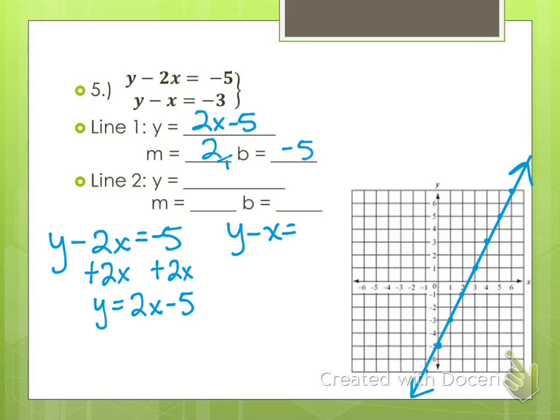Y minus x equals negative 3. Thoughts on how the y would get alone there? Add x to both sides. Y equals positive 1x minus 3.